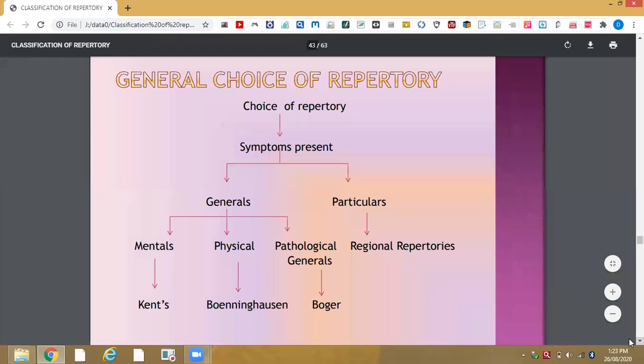So, general type of repertory, that is choice of repertory, symptoms present. While taking the case, which repertory should we choose?